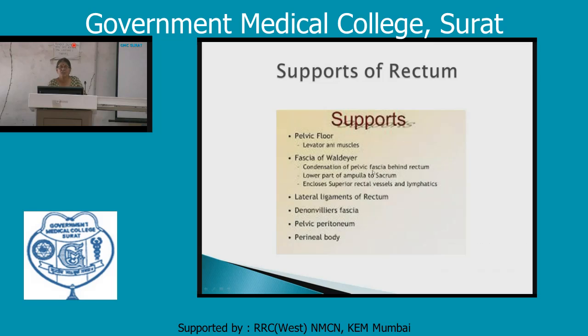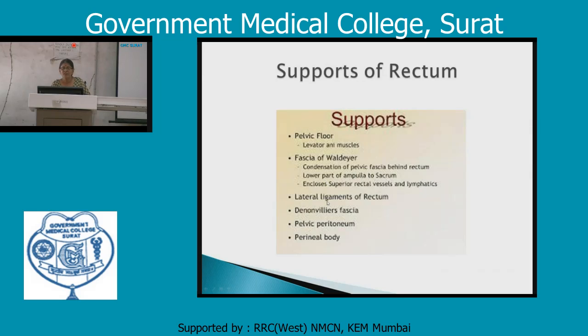It encloses the superior rectal vessels and lymphatics, which pass behind the rectum in the fascia of Waldeyer to the inferior mesenteric nodes.